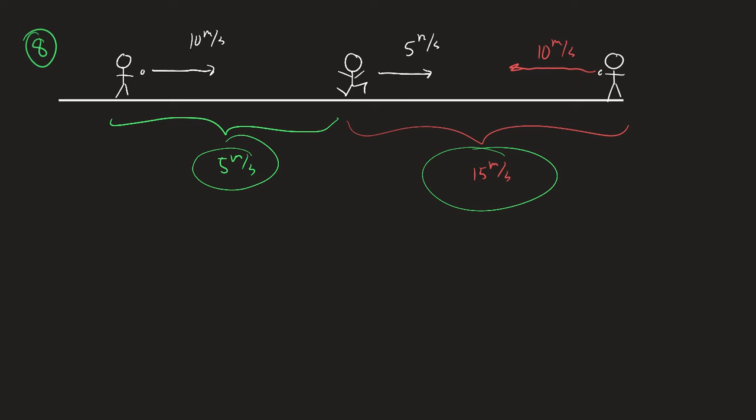Question number 9, consider the problem again. This time, you measure both balls to be 10 meters per second while you run at 5 meters per second. How fast was each ball thrown? So now that's a different thing. You're still traveling at 5 meters per second.